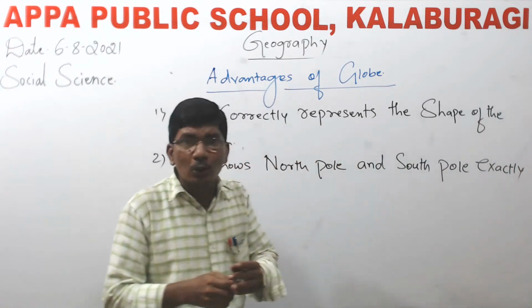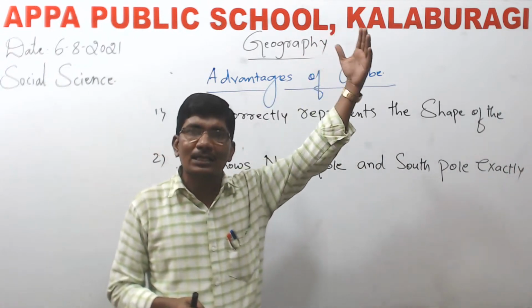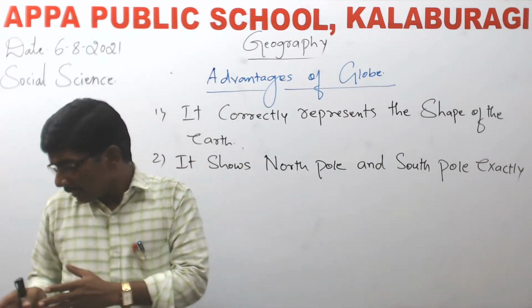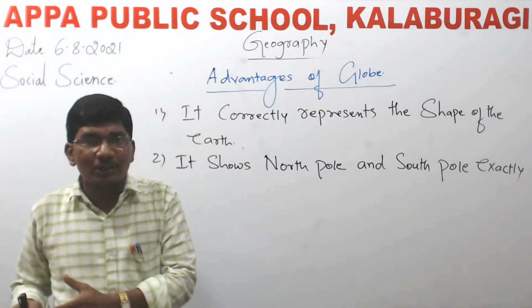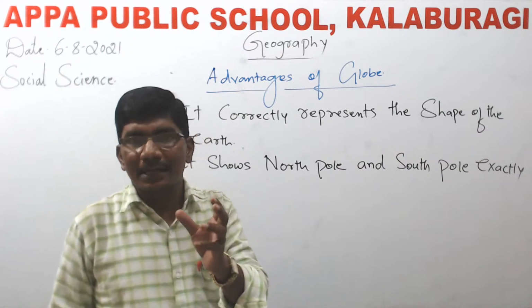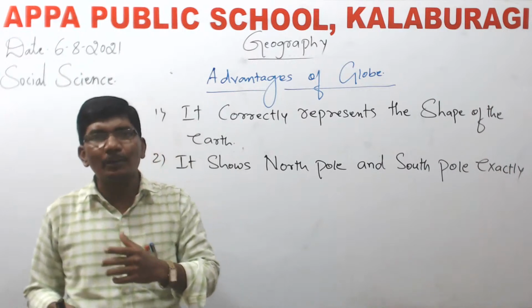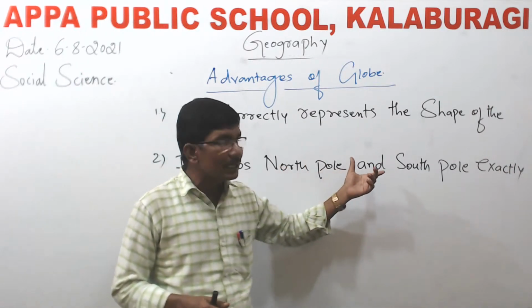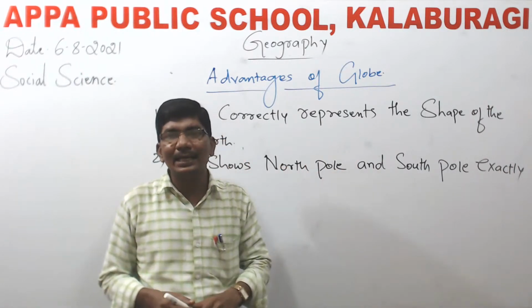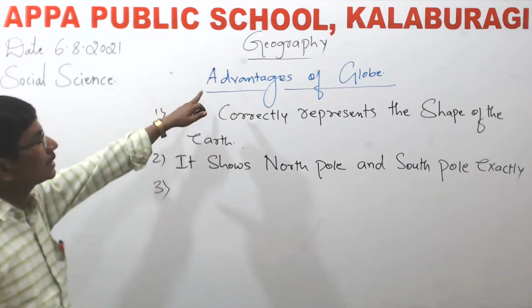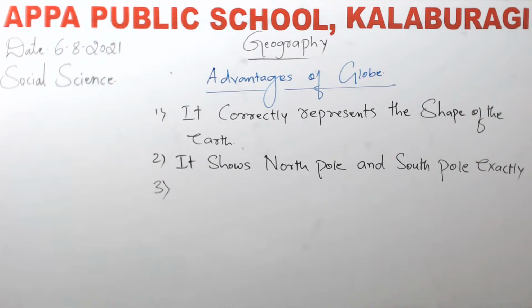If you want to know which is called the south pole and which is called the north pole, then you have to study the globe. The globe will give the information about the north pole and south pole accurately. So this is the second advantage of the globe.